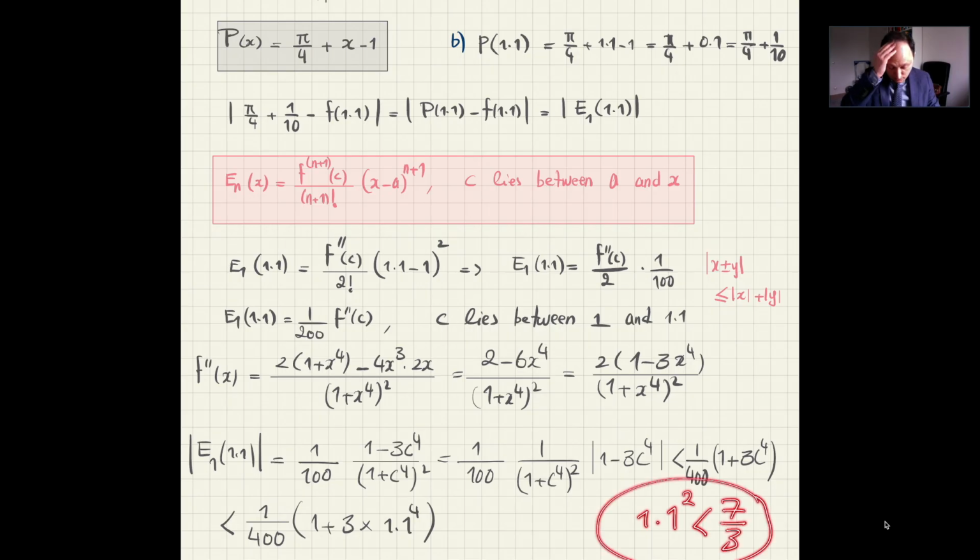Do you agree that this is the case? Because this becomes 1.21. And 7 over 3 hopefully is bigger than this one, yes? Yes, definitely it is bigger than that one. Do you agree? Yes, so I don't think it is hard. By the way, let me calculate to make sure using the calculator. So 1.1 to the power 4.